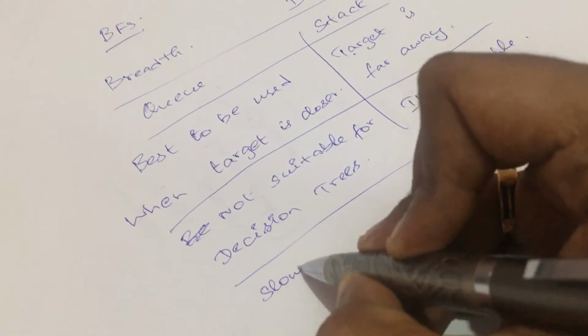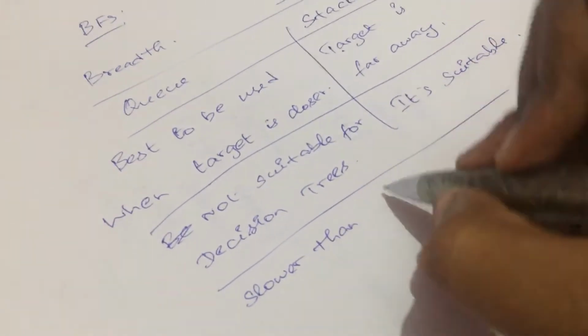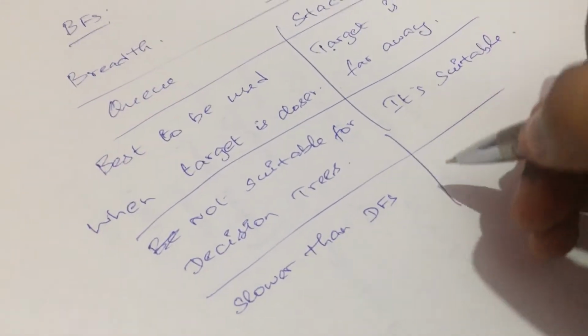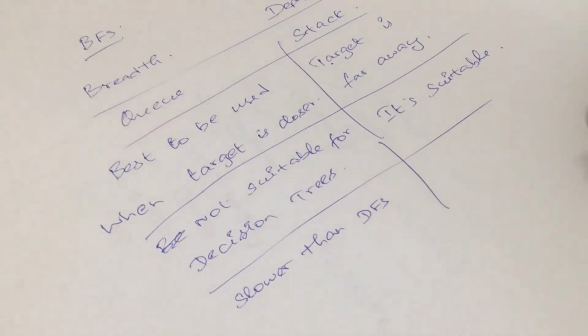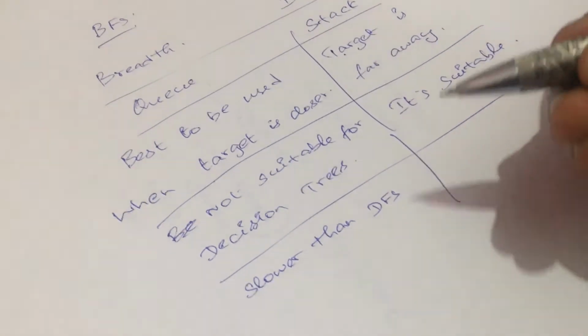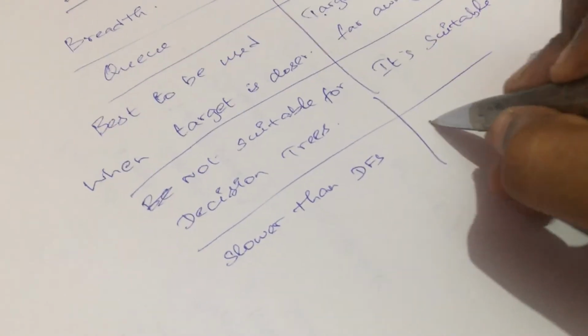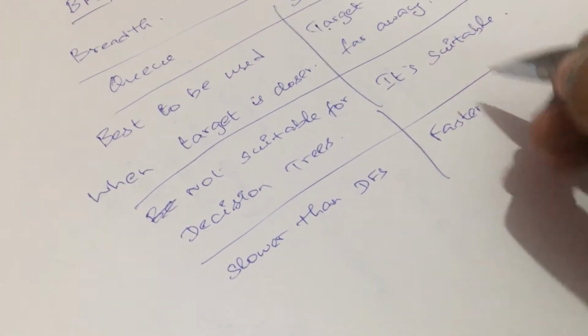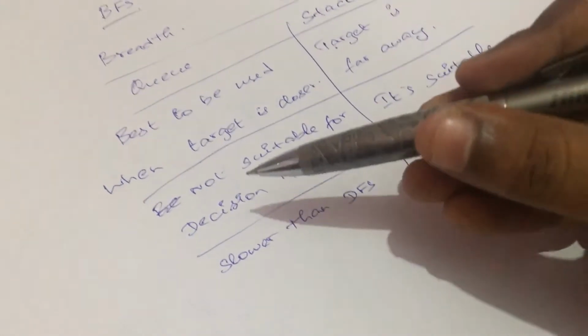BFS is slower than DFS. Once you understand how each performs the entire implementation process, you will see why the BFS algorithm is slower than the DFS algorithm. So the fastest one is DFS and the slowest process is BFS.